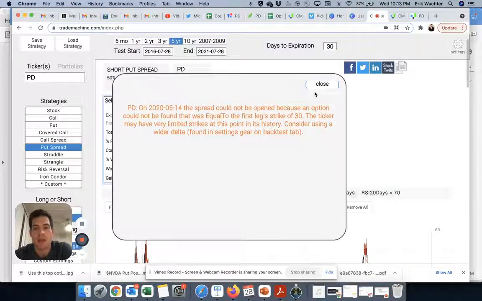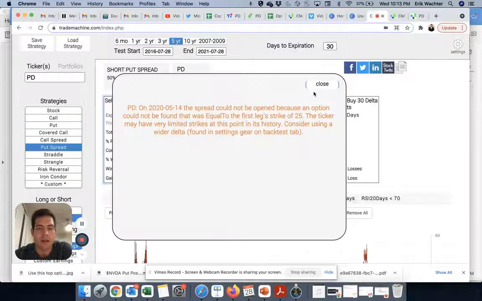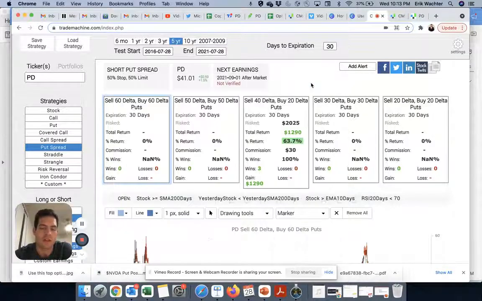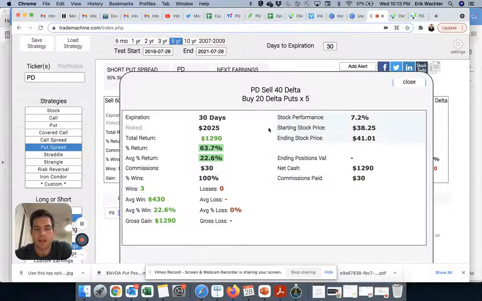This way, the stock doesn't have to move. It just can't drop. Here's selling the 40 delta put and buying behind it the 20 delta put. A little bit less profitable, less of an average return compared to buying calls, but still pretty darn good.